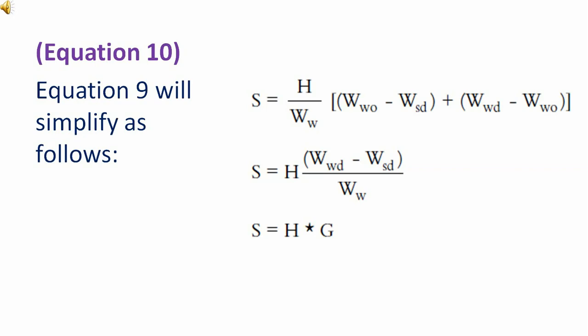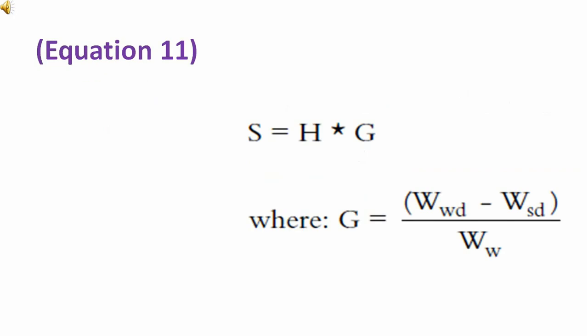Finally, we get S equal to H multiplied by capital G. Equation 11. Finally, we get equation 11 as S equal to H multiplied by capital G, where G is defined as shown.